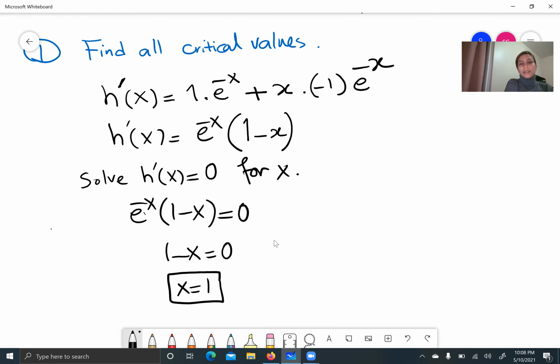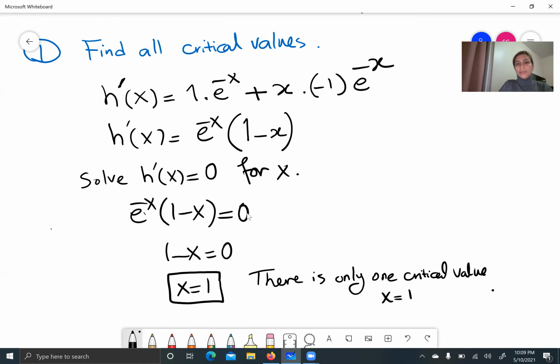So there is only one critical point. The conclusion is that there is only one critical value, which is x equal 1. Okay, we found the critical value of this function.